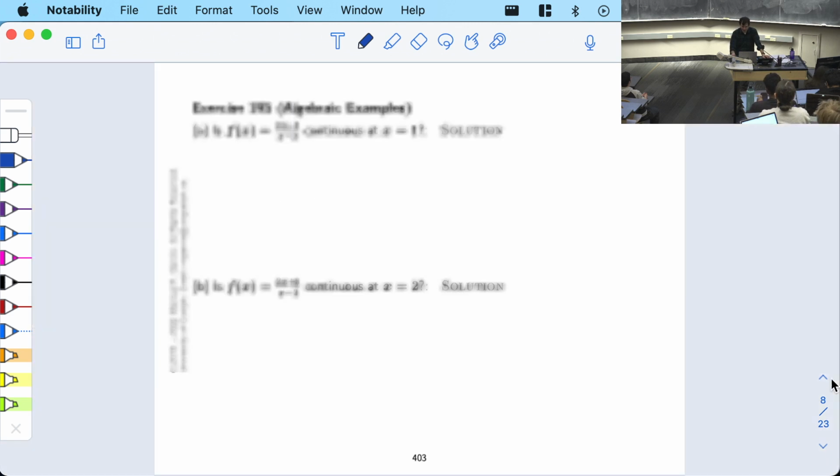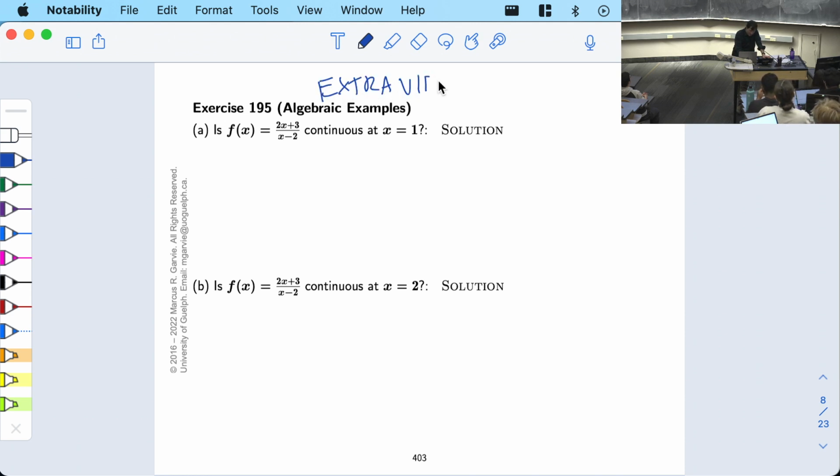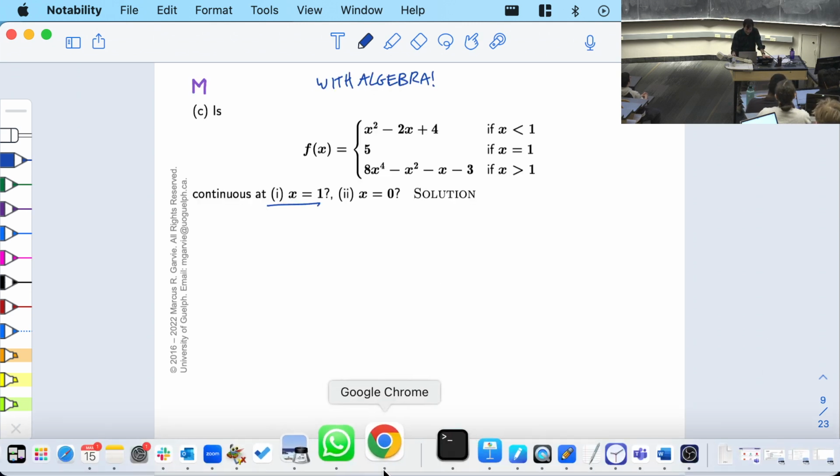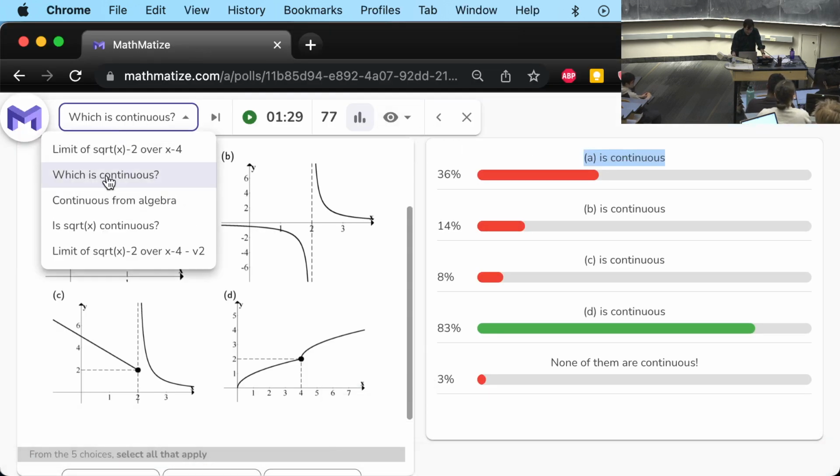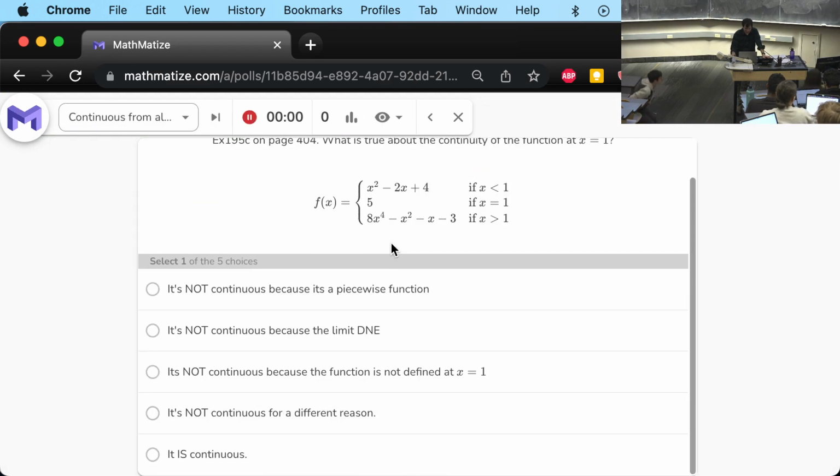Before I release you on Mathematize, I did also skip this one. This is another algebra example. This is an extra video, and I've already posted this one online. So we're going to skip straight to this exciting piecewise function, because that's what I want to talk about. I'll give you 2 minutes to do this one. Is it continuous or not, and why? There's a bunch of different reasons why.